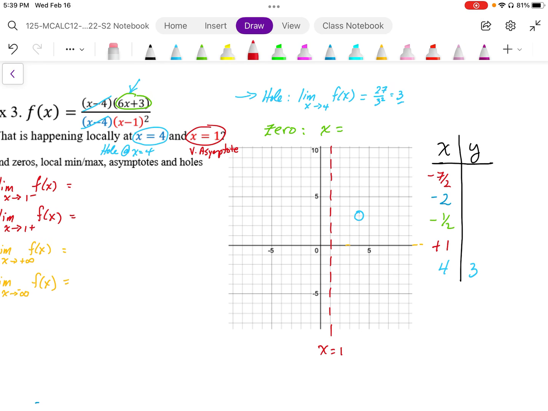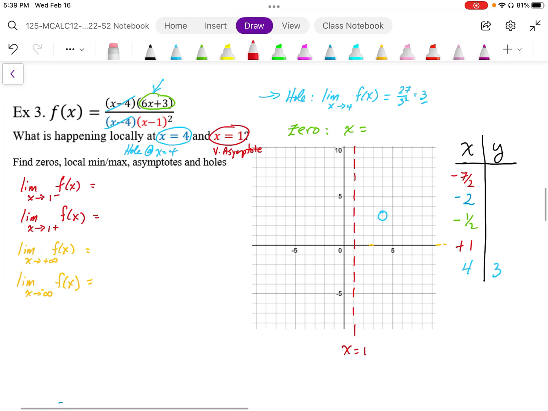Now, I want to see what's happening at this vertical asymptote. So I'm going to use a one-sided limit, and approach the 1 value from the negative side. When I do that, I plug the 1 into the numerator, so I get 6 plus 3, which is positive. And in the denominator, I'm approaching from the negative side, so I put like 0.9 in there.